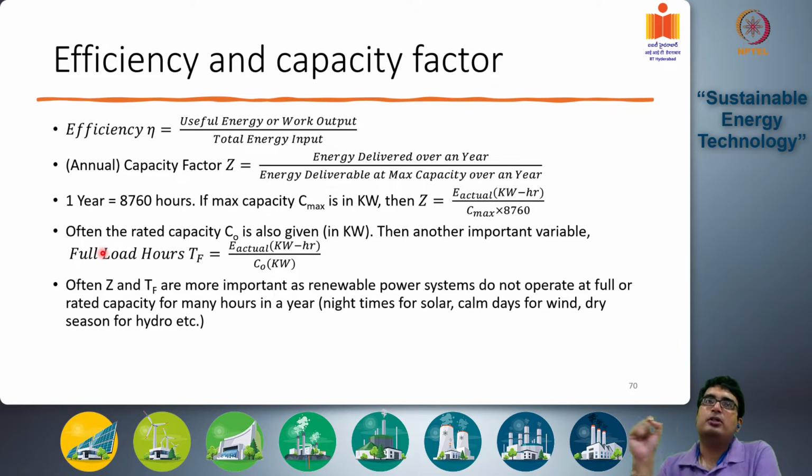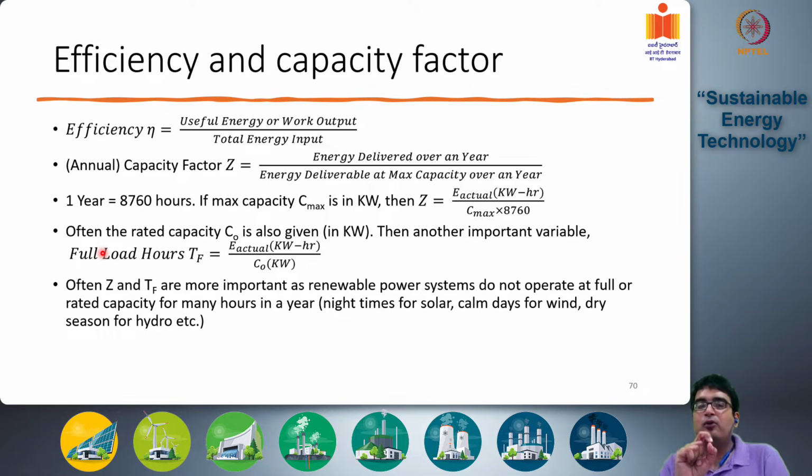Suppose 1 year is 8,760 hours and you hear that your full load hour is 5,000. The power plant simply had to run for 5,000 hours at its rated capacity to deliver the energy that it actually delivered over that year.